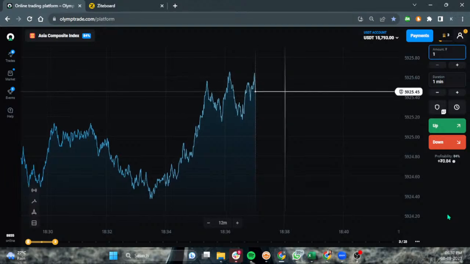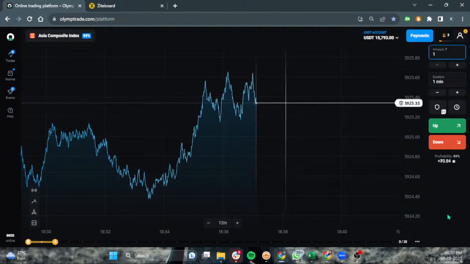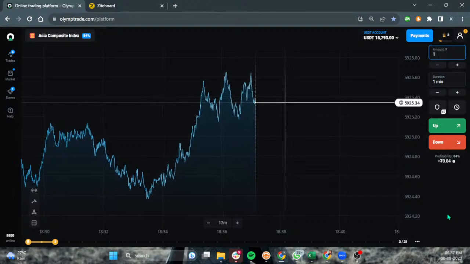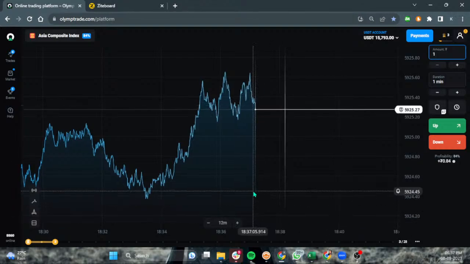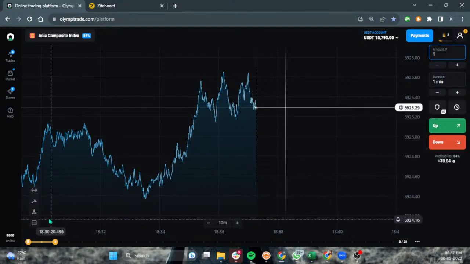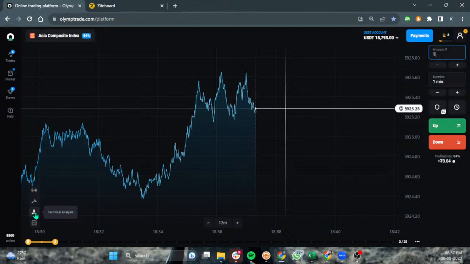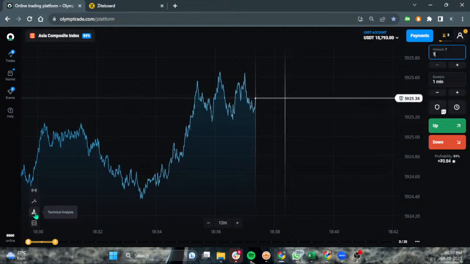So, guys, let's proceed to the main thing we have all joined for today, and that is the triple rebound strategy. As I mentioned earlier, whichever strategy, indicator, or oscillator you want to use, you just need to remember this particular symbol, the compass signal. If you hover your mouse over it, you will find technical analysis.